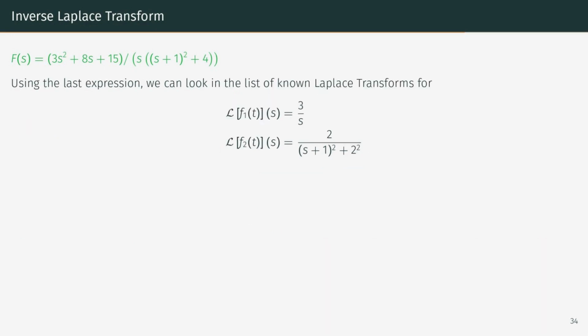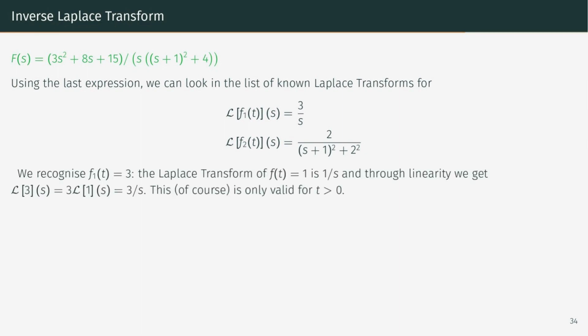Using the last expression where we found that F(s) was equal to 3 over s plus 2 over ((s plus 1) squared plus 2 squared), we can look in the list of known Laplace transforms for the two pieces. So firstly, for the Laplace transform of f1(t), which equals 3 over s, and secondly, for the Laplace transform of f2, which equals 2 over ((s plus 1) squared plus 2 squared).